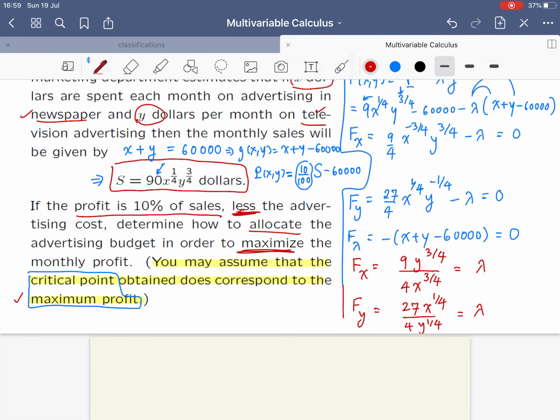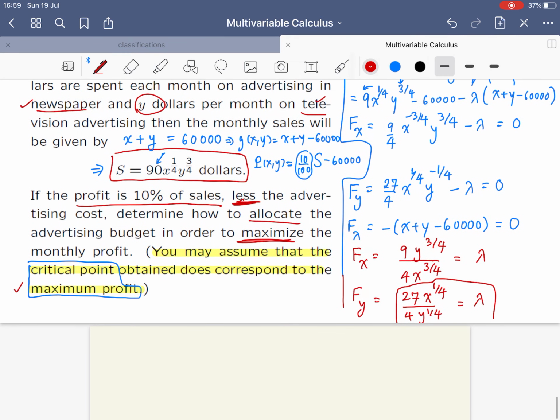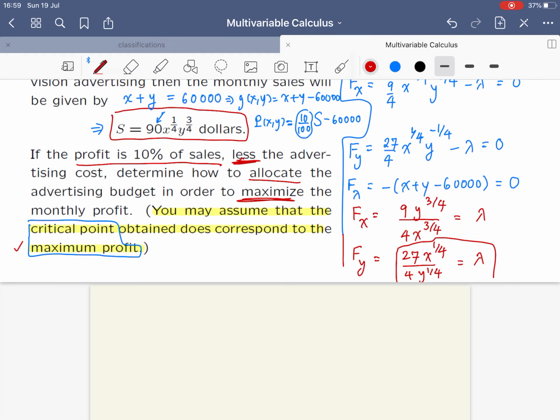Because this one also equals lambda, we are going to switch it a little bit. For your f sub y, we switch into 4 y raised to the power 1/4 over 27 x to the power 1/4 equals 1 over lambda.